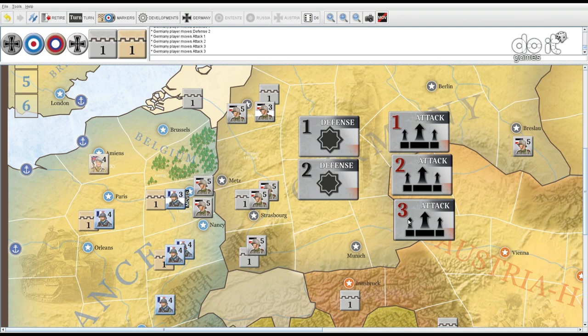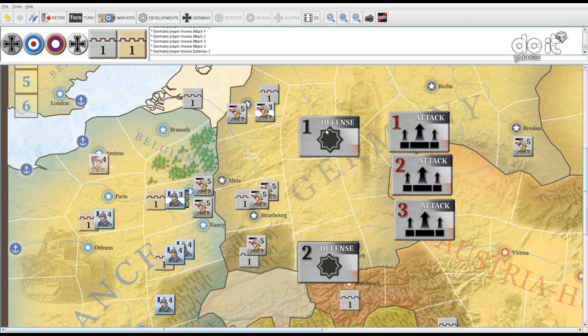If the higher level of the technology is higher than the higher level of the other technology, the winner will have +1 in the dice. So if it's 3 against 2, the German will have +1. If it's 3 against 1, same thing. If it's 3 against no technology, the German will have +1.